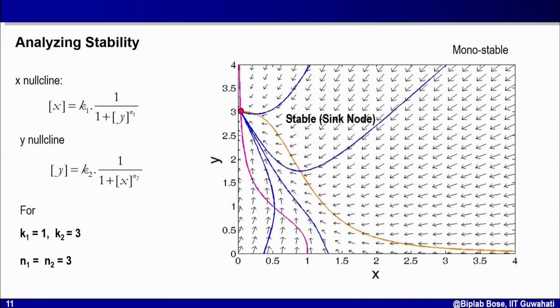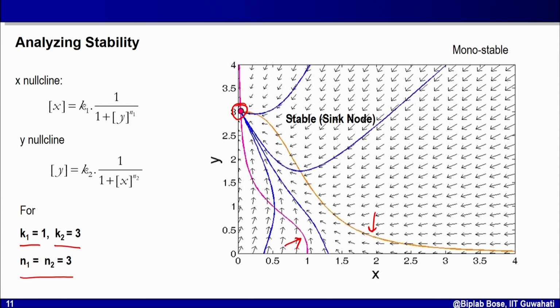What if there is an imbalance between production? So we have considered k1 equal to 1 and k2 equal to 3. The sigmoidal nature is still retained. I have these yellow and pink lines as nullclines that we have drawn earlier, and I have only one intersection point here, near y equal to 3 and x equal to 0.